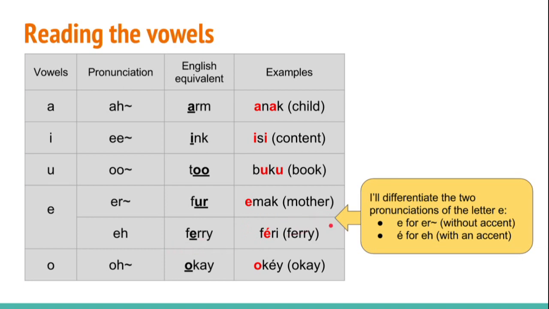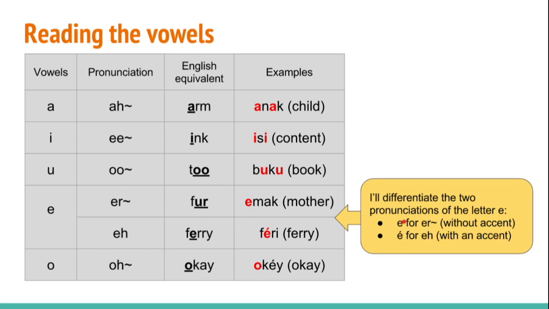But here lies the difficulty in actually reading or pronouncing the letter E, because in a typical Malay text, you would usually write this with just the letter E, without any mark to show which sound it is. So throughout this course, I will differentiate the two pronunciations by using the letter E without an accent for the first sound, and for the second sound I will use the letter E with an accent.